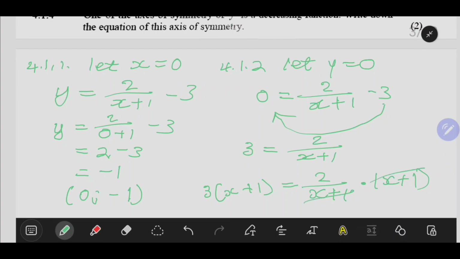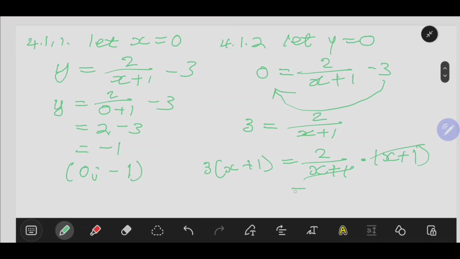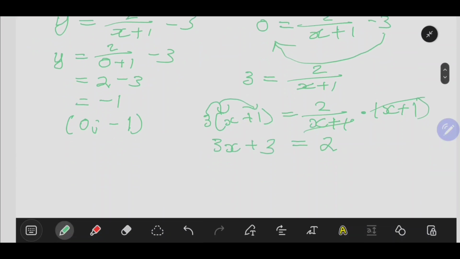Then this one divides this one, and on this side, we are left with 2. Then when we multiply here, we have 3x plus 3. Then we take this 3 to the other side, and we have 2 minus 3. Then we remain with -1 on this side, and 3x.